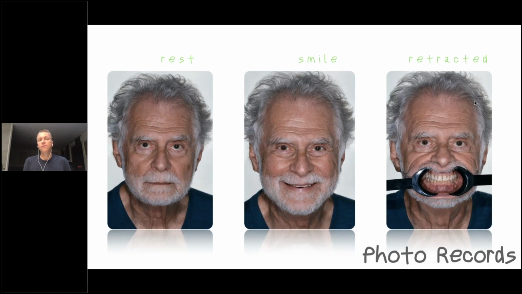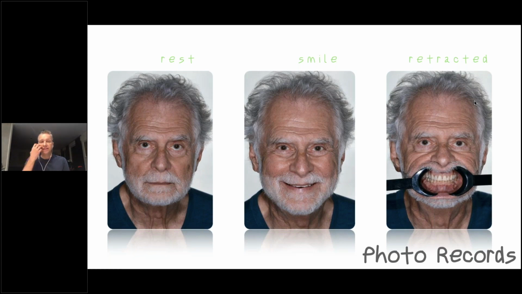The right photo records for smile design that I require from my customers are three main pictures: just rest, a smile picture, and a fully retracted picture. Important is that I have all the landmarks like ears, nose, eyes, forehead, chin, mouth, and smile in that picture. I try to have the same distance and the same size, so that I have consistency, which allows me later on to align these pictures.